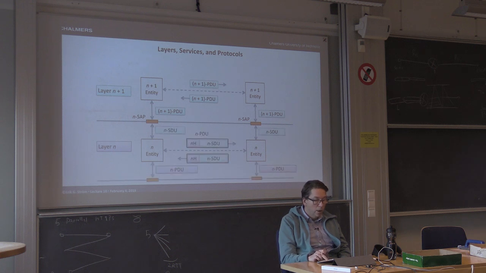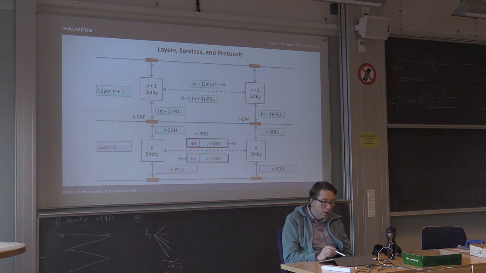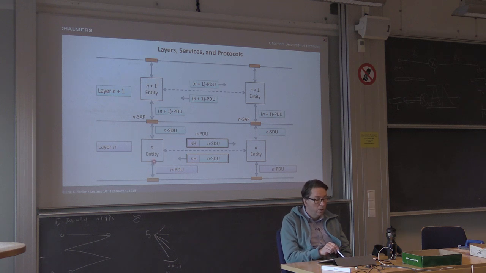Just to highlight what's going on here, the protocol data units which go back and forth here in the virtual manner actually go down here, and when it goes down, it changes names from protocol data unit to service data unit. And then this service data unit is encapsulated in the next layer's protocol data unit.